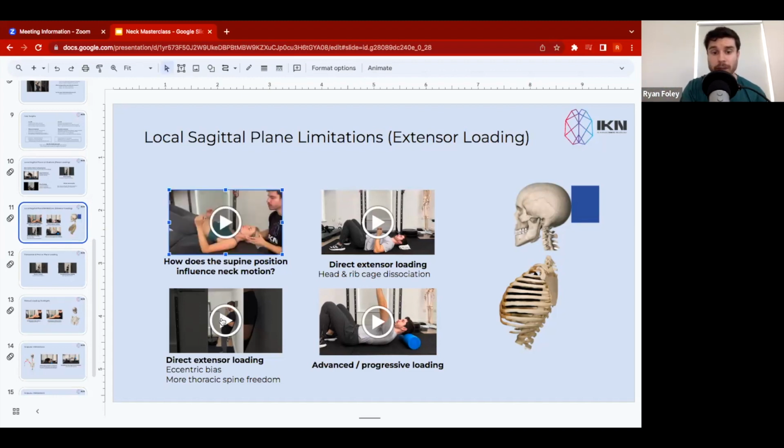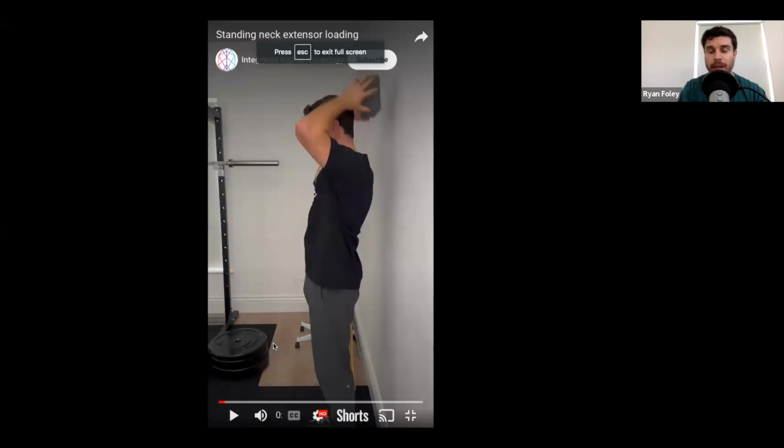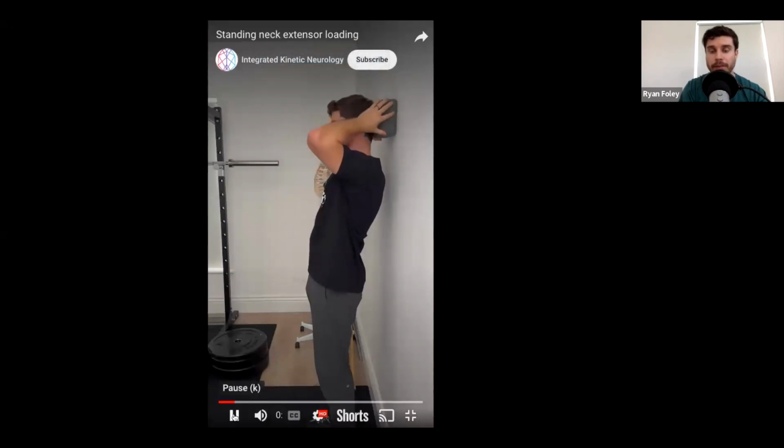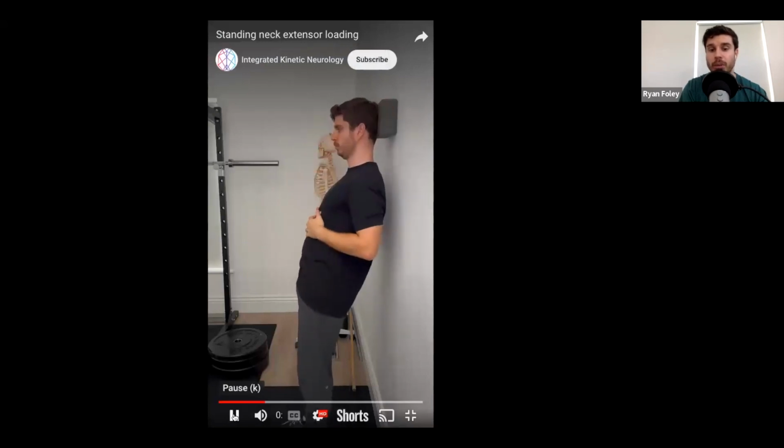So one strategy that we tend to use a lot, particularly when clients lack that variability in the upper cervical spine, is we'll actually utilize that same behavior like we just showed, where we position a block behind the head. And then what we'll actually do is we'll walk the feet forward to encourage this lifting of the thoracic spine, which does bring the upper thoracic into more flexion, the lower cervical into more flexion as well, relative to the head and the upper cervical spine.